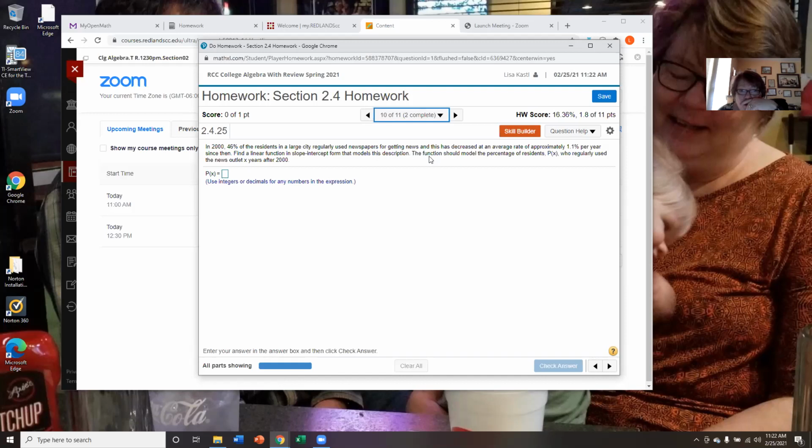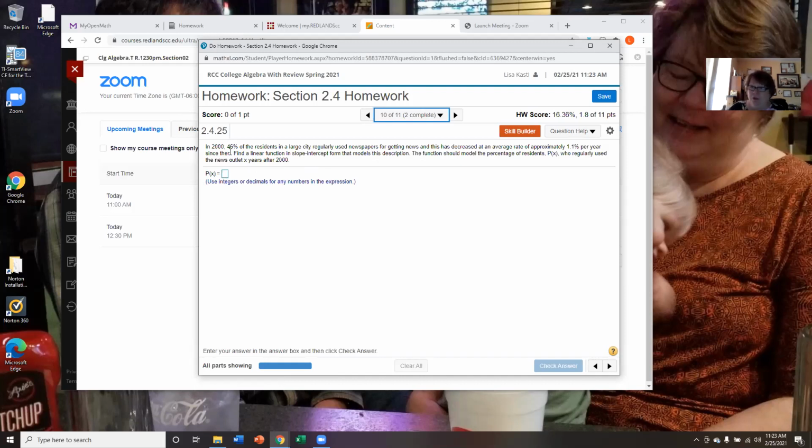The function should model the percentage of residents, P of x, who regularly use the news outlet x years after 2000. So if we're finding an equation that models this percentage, first of all, in the year 2000, 46% of residents were using the newspaper.